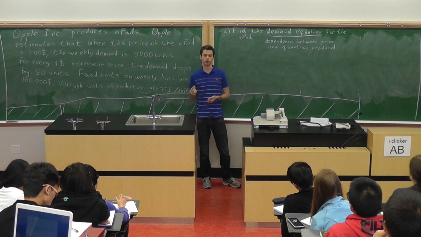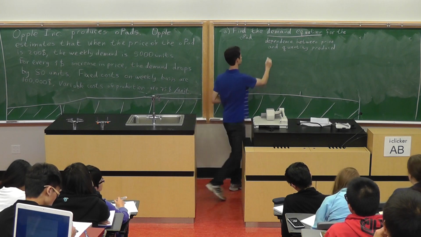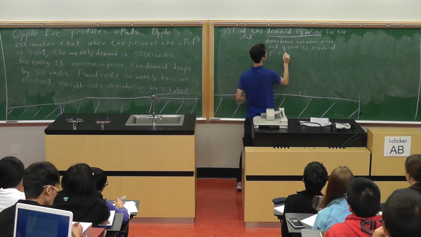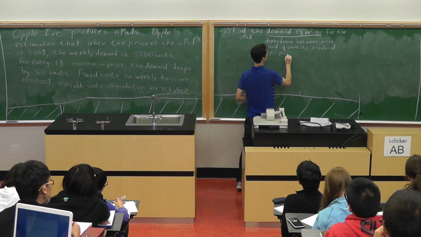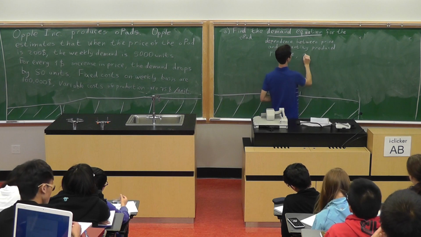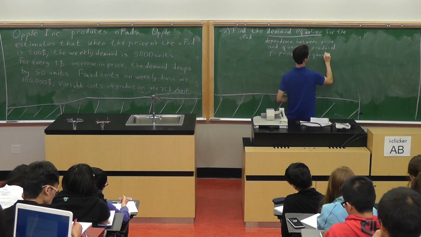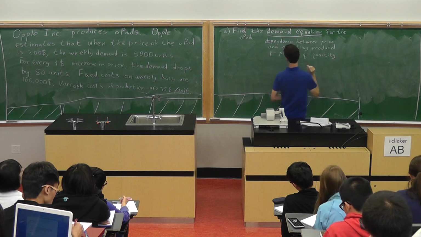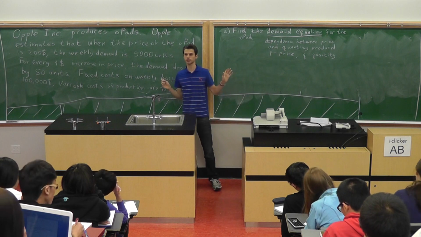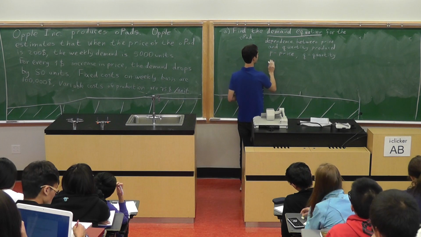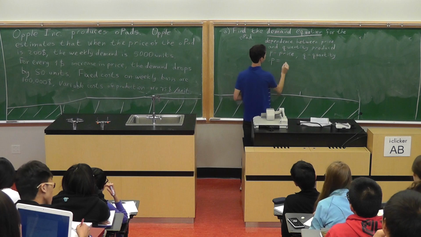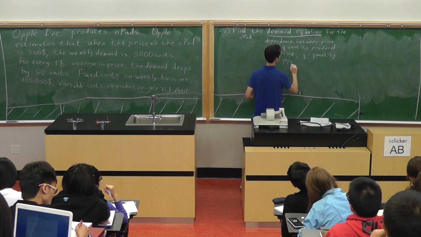So we'll always have some notation. Small p will stand for the price. Small q will stand for the quantity. And the demand equation is just a function. It tells you what is the price as a function of quantity.